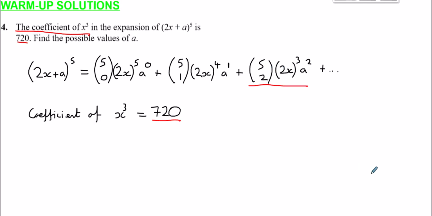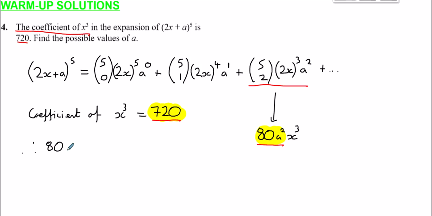So in this x cubed term, we see here that we get 10 times 8, which is 80, a squared, x cubed. And so the coefficient of x cubed here, the stuff in front of the x cubed, is 80a squared. So therefore, this coefficient, which is 80a squared, must equal 720. And that's our way into solving it.